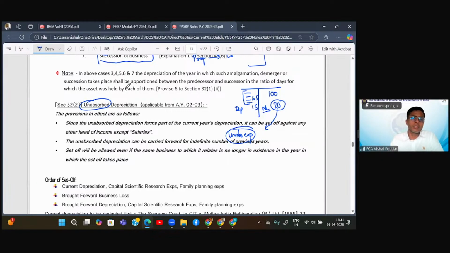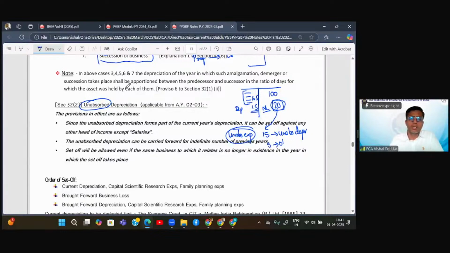Now, the law says that the total 20 is your net loss as per accounts. From our side, we will say that out of 20, 15 is your unabsorbed depreciation. So you can simply say loss because of depreciation.